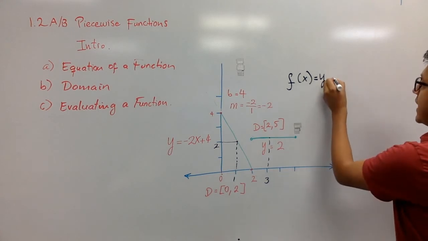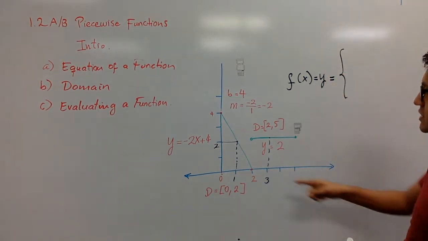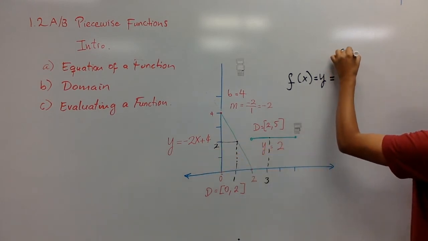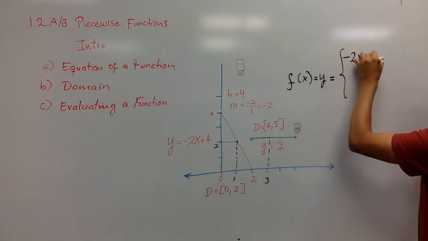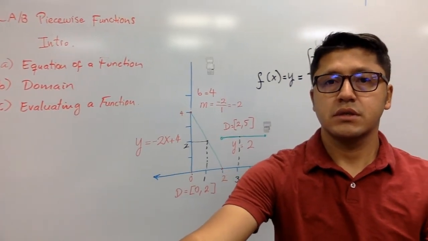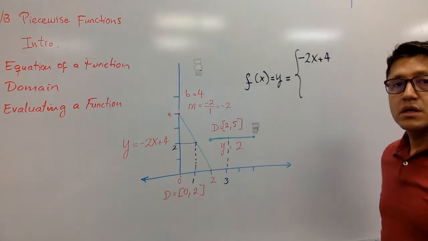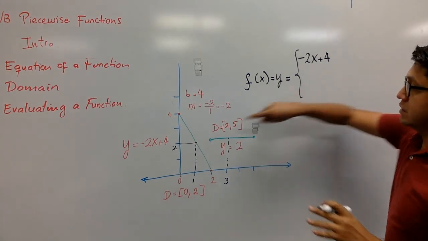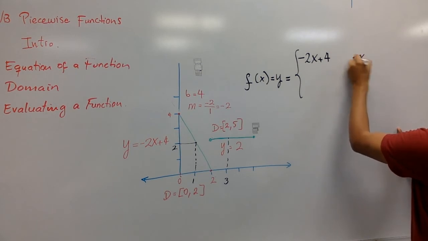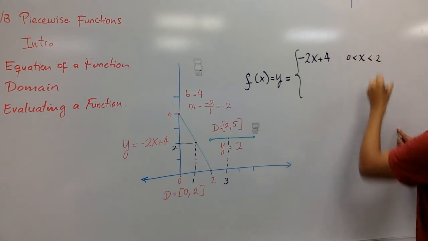I know that this function is this line, negative 2x plus 4, if you go from 0 to 2, so the x values are limited to 0 and 2, okay?